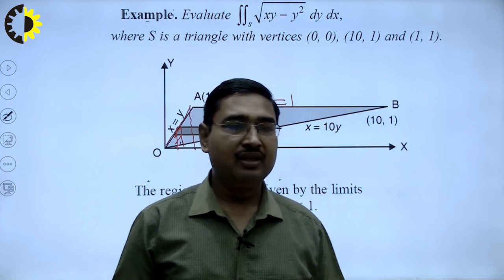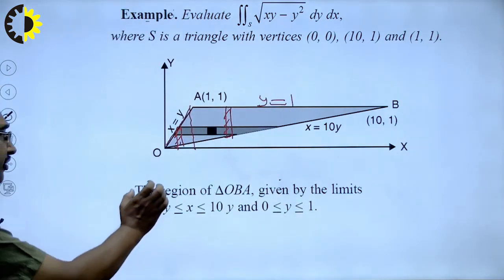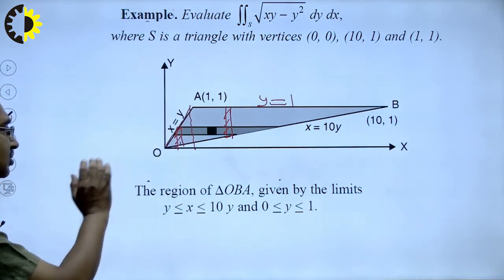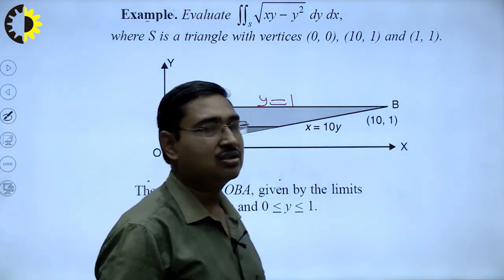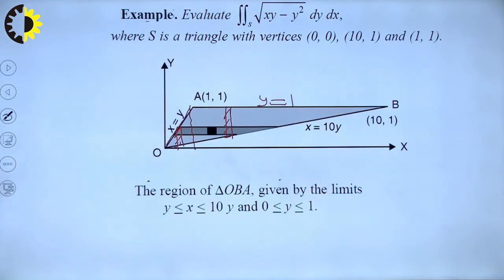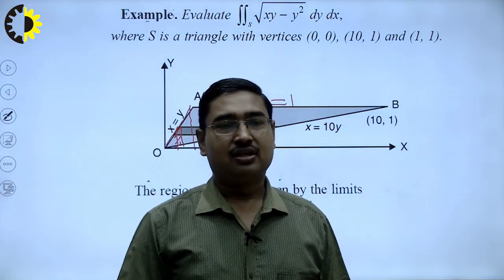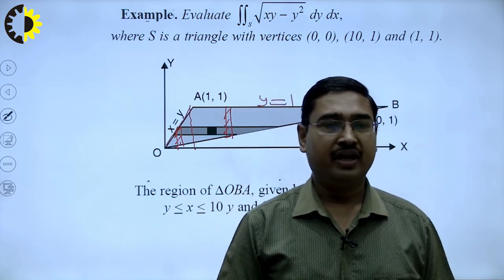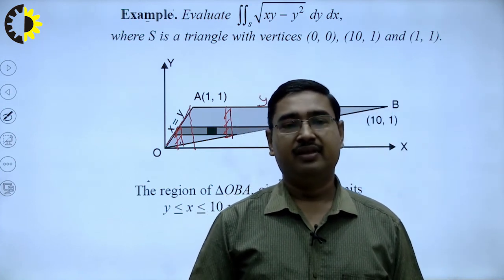But one thing is clear from this example, that we should choose the slice carefully. We should first observe the region of integration and then choose the vertical slice or horizontal slice in such a manner that our integration work, our simplification work is simpler. In this lecture, we have first understood how to find the limits if the equation of boundary of the region is changing in between the region.